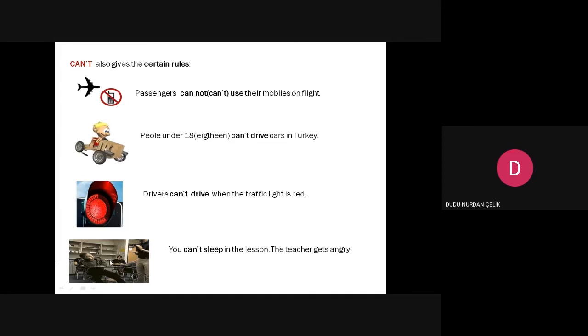In the last picture, this is a classroom. He's a teacher and the student is sleeping. It's not good. You can't sleep in the lesson. The teacher gets angry. Classroom rule, traffic rule, general rule.